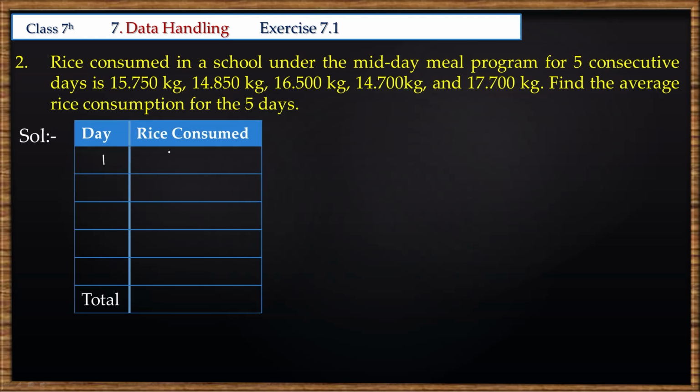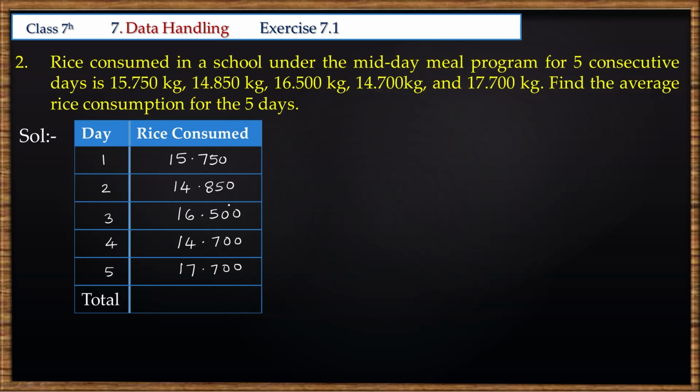Day 1, the rice is 15.750 and for day 2 it is 14.850. For day 3, 16.500 and day 4, 14.700 and day 5 is 17.700.